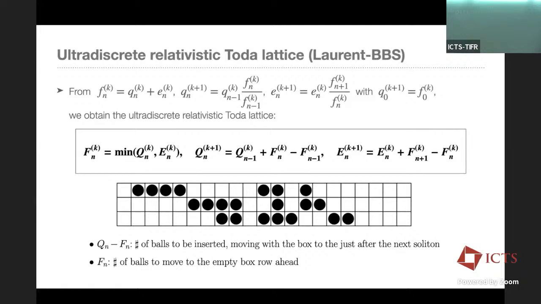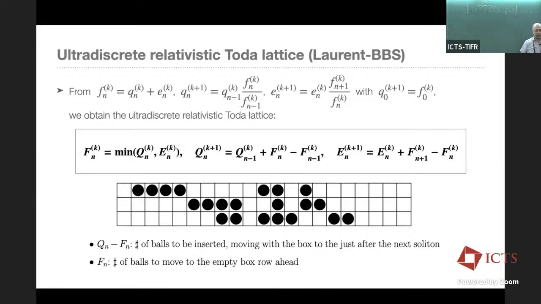But in this case, it's not so difficult. So let's make a wall here. It means that I divided it into subsequences. And then let's think about only this subsequence. So in here, it's just the same as the box and ball system. And here is also.